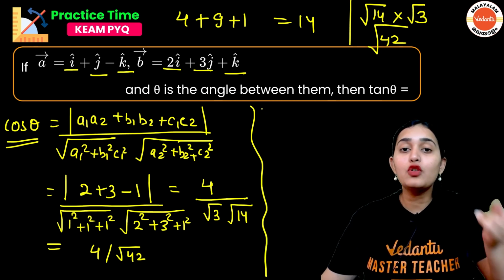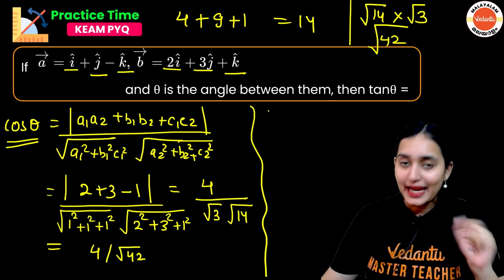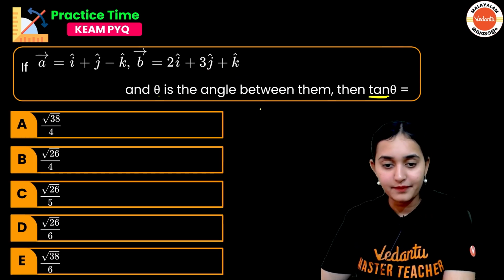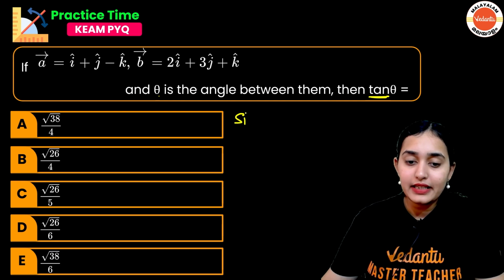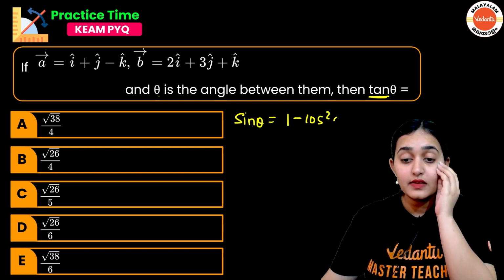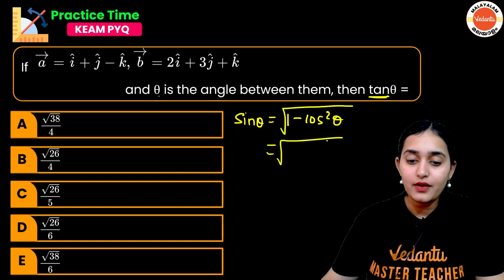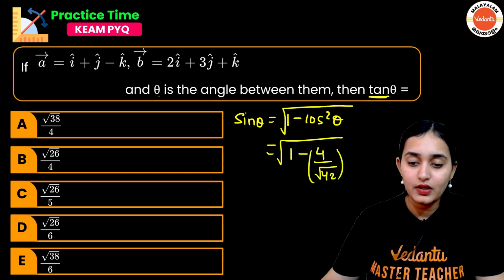Now, if you know cos theta, you can calculate sin theta. How? See, sin theta is the square root of 1 minus cos square theta. So, square root of 1 minus 4 upon root over 42 whole square.